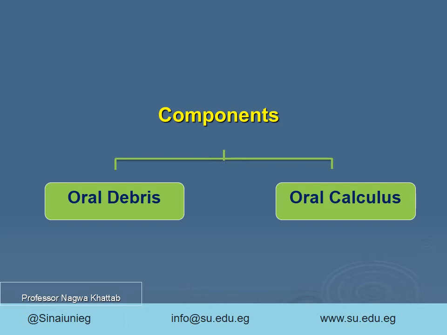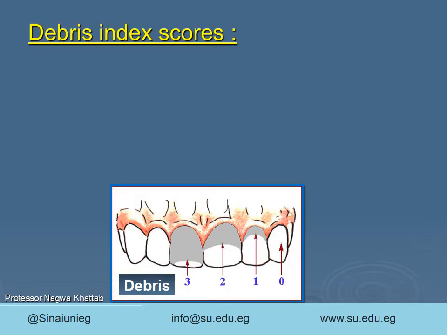Either the oral hygiene index simplified or the oral hygiene index has 2 components: oral debris and oral calculus. The debris index score is easy to understand. It has a scale running from 0 to 3. No debris.